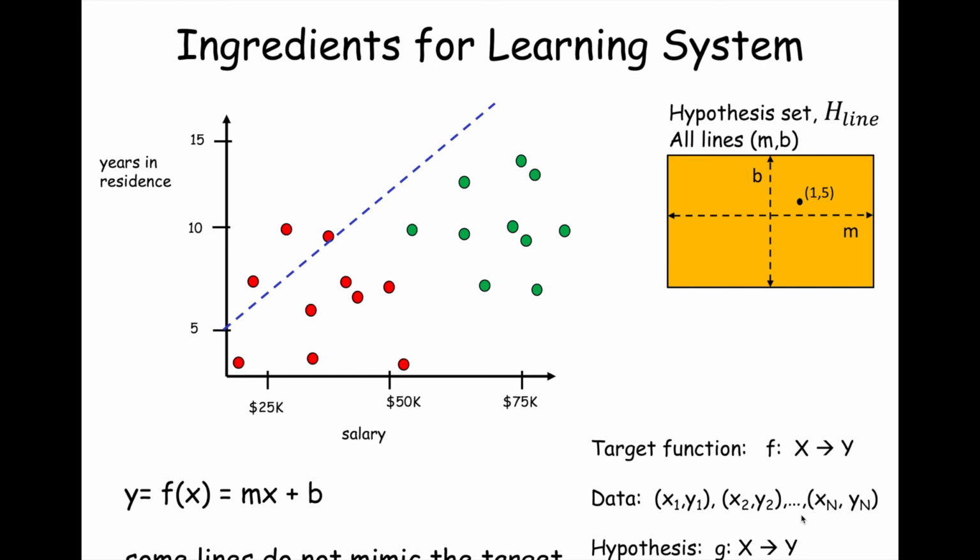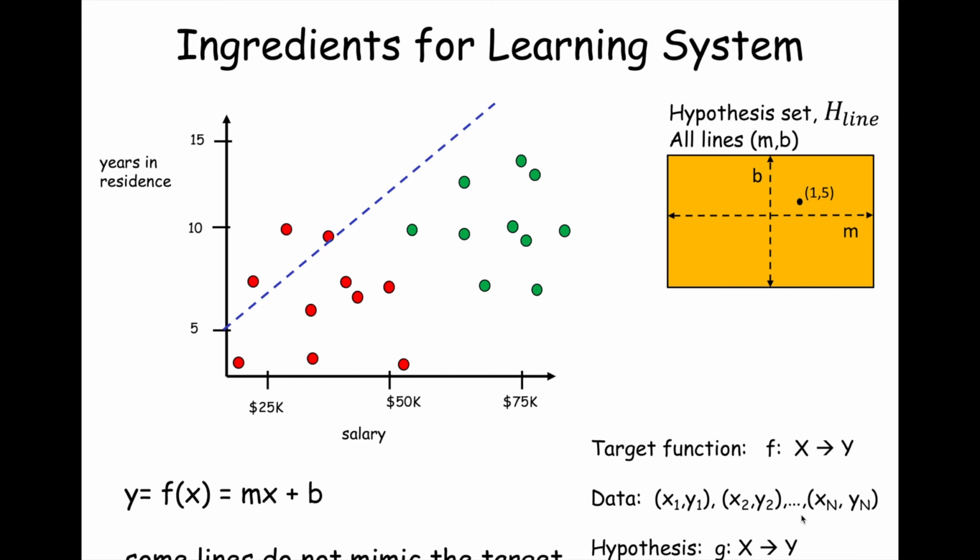Okay, well, now we have the question of, is this the best line? The best line is the line that can separate the red points from the green points in a way that most closely mimics what the target function has done in this coloring.